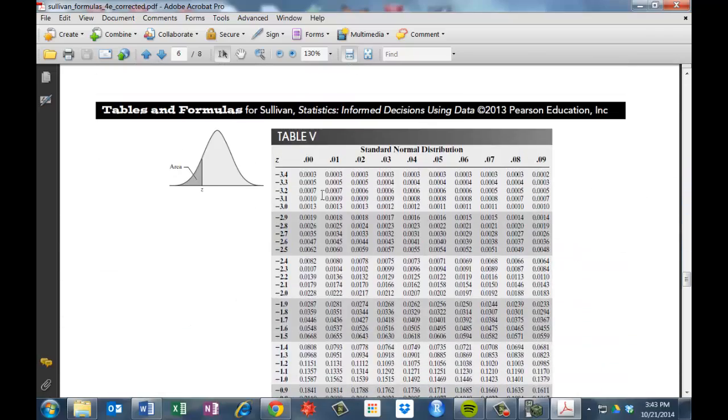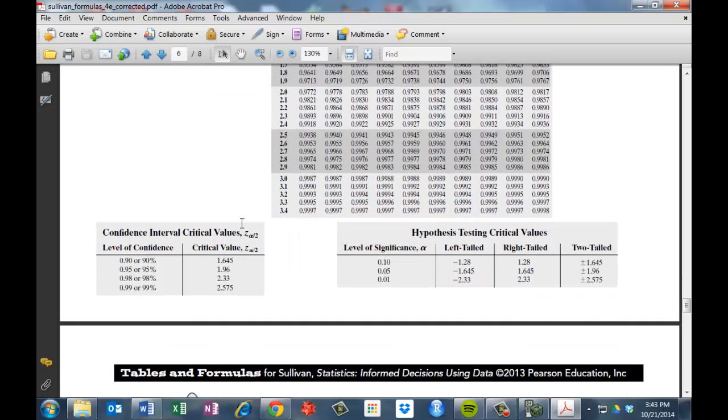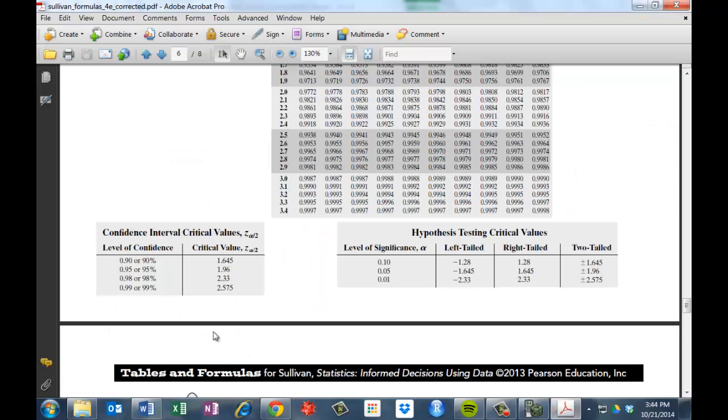Okay, so table 5. And down here you'll see confidence interval critical values. So we want to know what our level of confidence is, 95%. So let's go back over here and look. So the critical value will be 1.96.